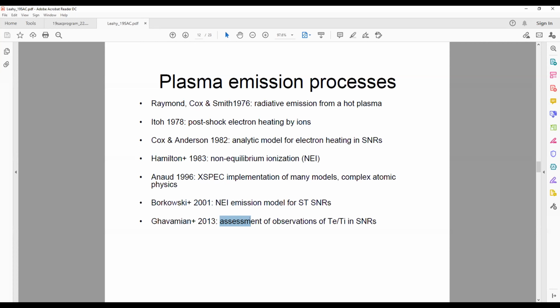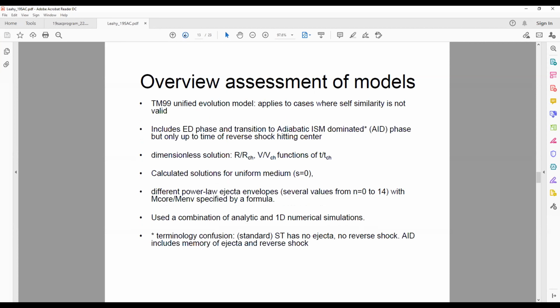And more recently, the one I want to mention here is that there's been a good assessment of observations of the electron-ion equilibration, which I've looked at. And the Cox and Anderson 1982 formula actually does a very good description of the observed T_EI over T_E evolution. Okay. So I've summarized the comments I made along the way here.